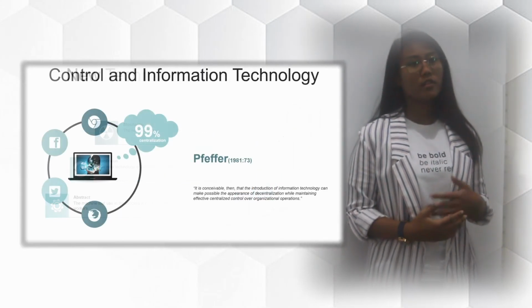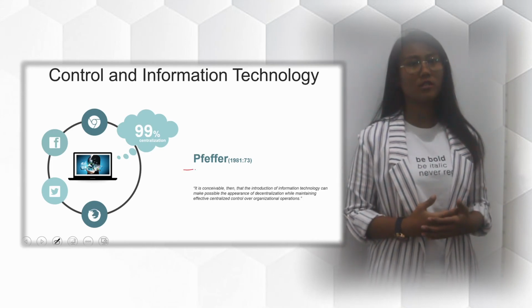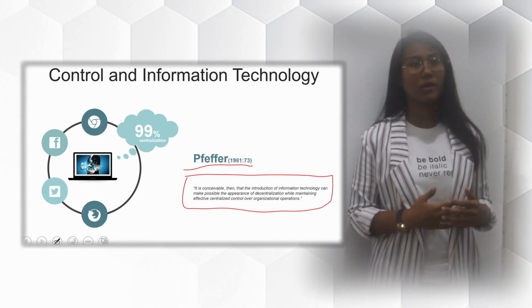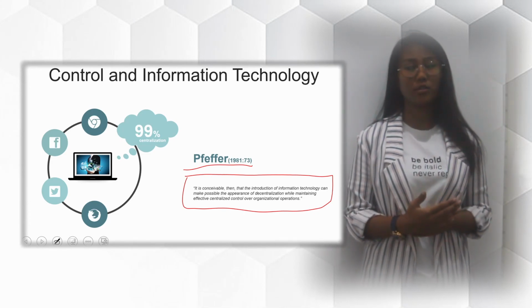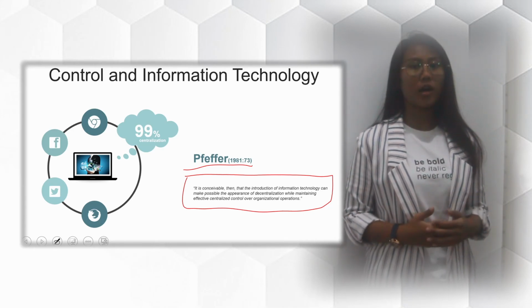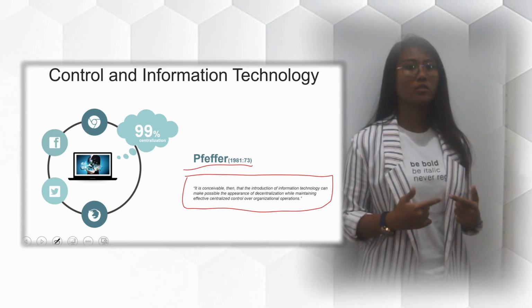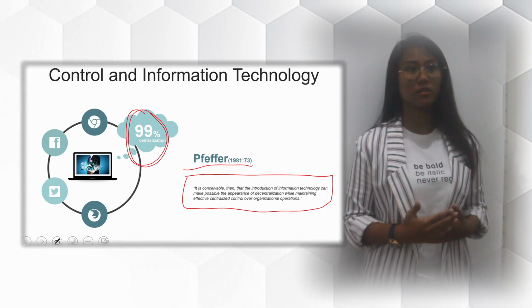Therefore, it is conceivable that the introduction of information technology can make possible the appearance of decentralization while maintaining effective centralized control over organizational operations. I'm sure that right now in this era, 99% of organizations do centralization.